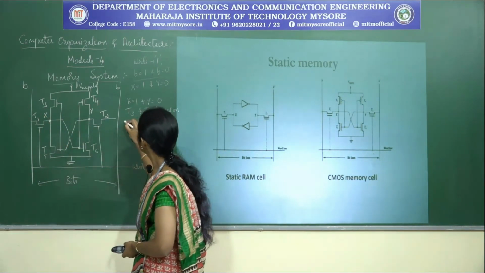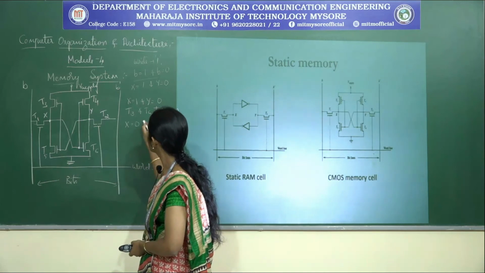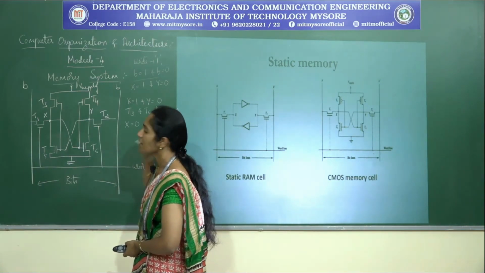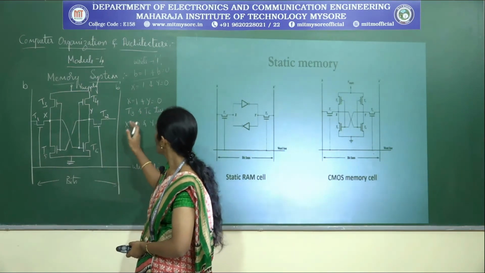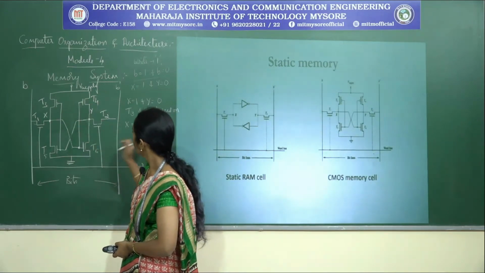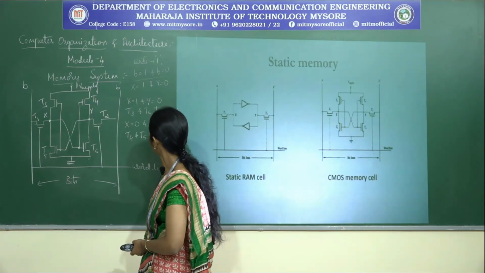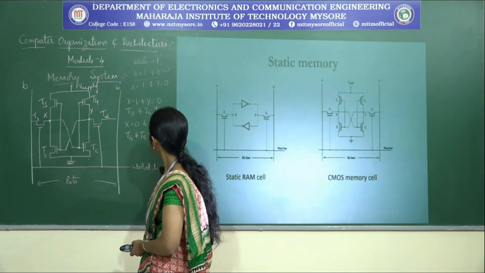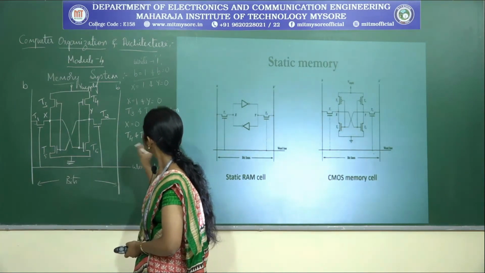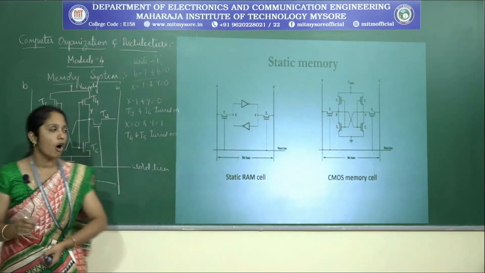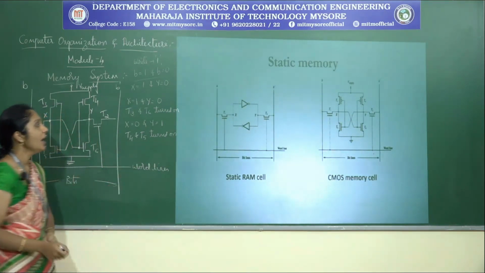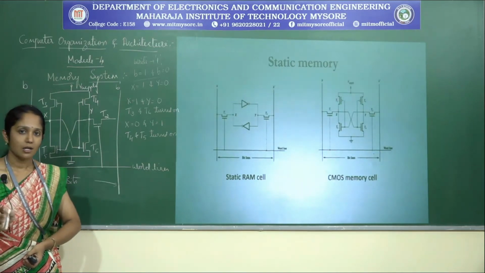And if you assume the nodes are X equal to 0 and Y equal to 1, in this case the transistors T4 and T5 are turned on, whereas T3 and T6 will be turned off. So these two will be turned on and the other two transistors will be turned off.